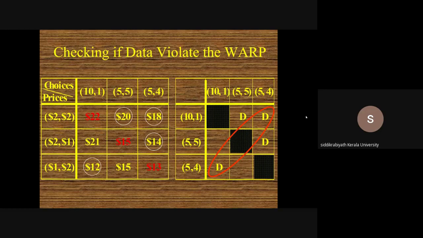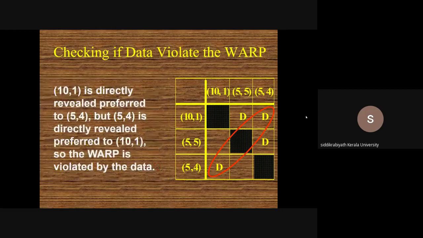Why? Because 18 is better than 15, but still you have gone for 15. So indirectly it violates the very premise of the preference. So directly it is having no problem, but indirectly if you look into the data set, then you will see that a violation takes place.